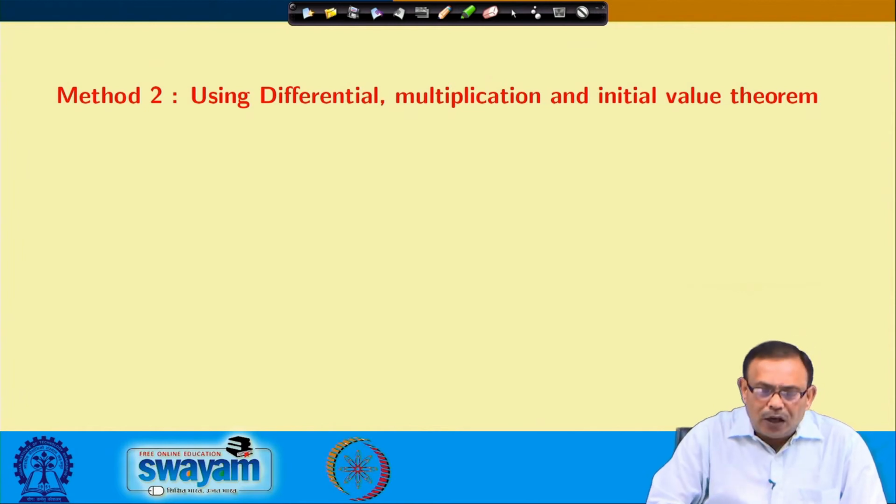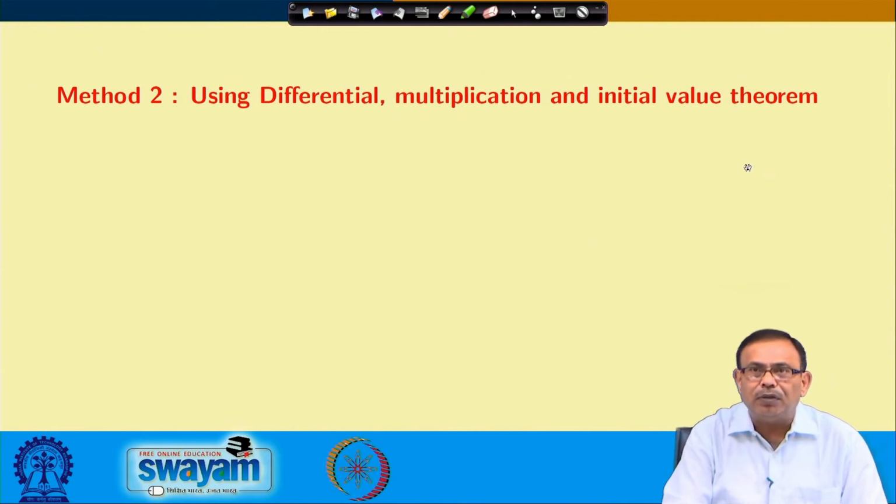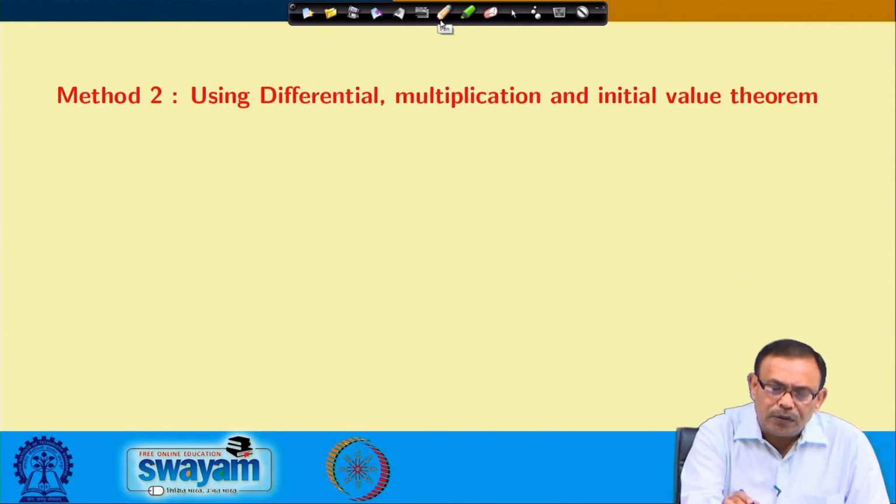The next one is using differentiation, multiplication and the initial value theorem. In the last lecture, we have done the initial and final value theorem also. The application of the initial and final value theorem we will show by this one.